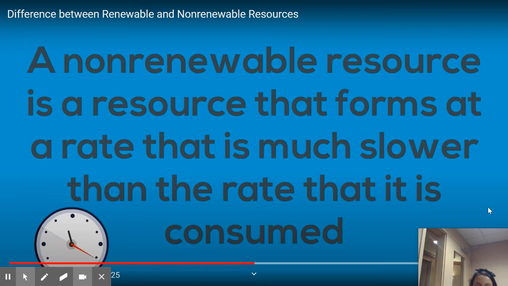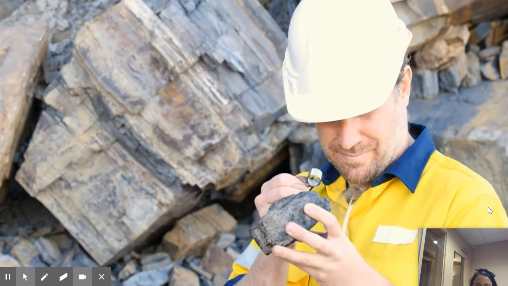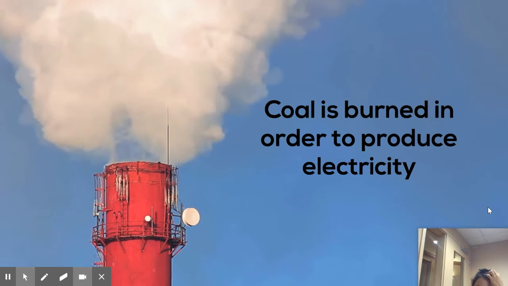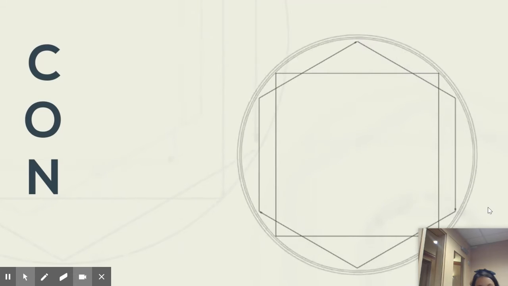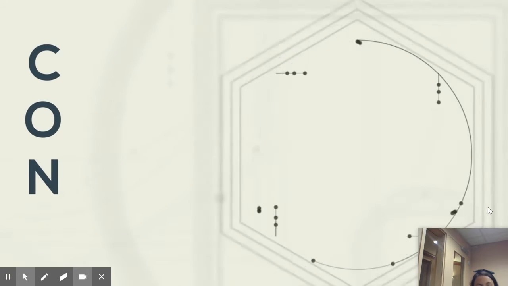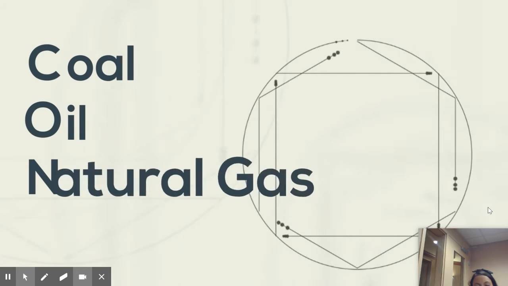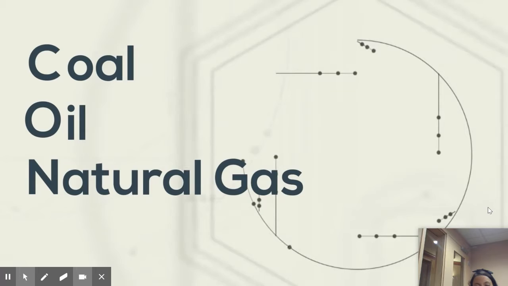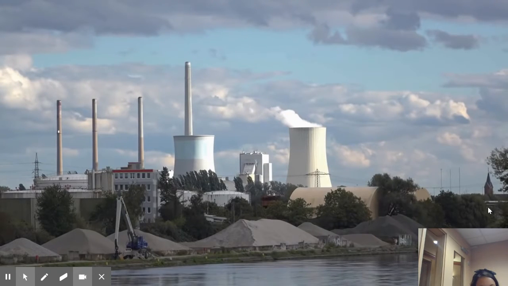Coal is an example. It takes millions of years to create coal, and once it is used up, it is no longer available. You can use the phrase CON to remember three popular non-renewable resources. This stands for coal, oil, natural gas. Nuclear fuel is also a non-renewable resource.